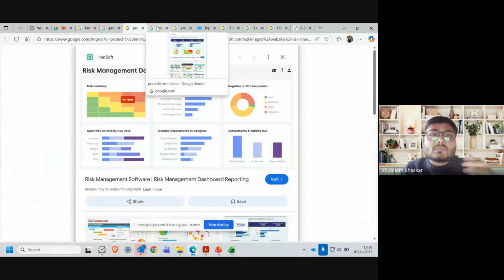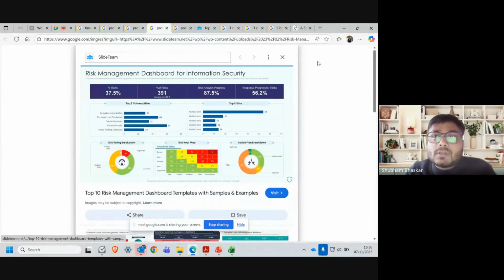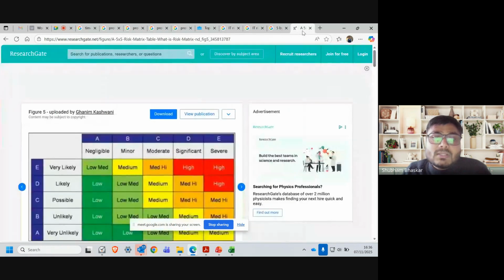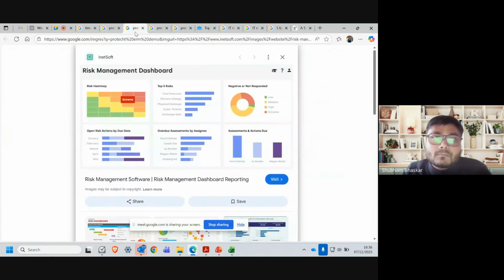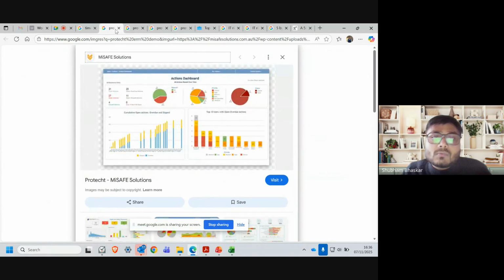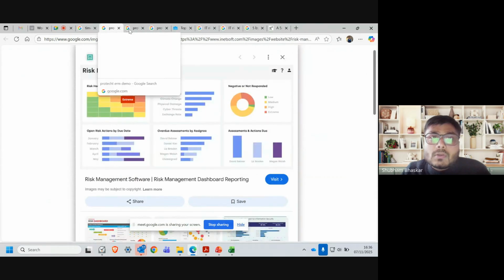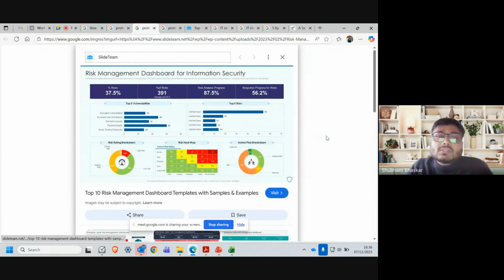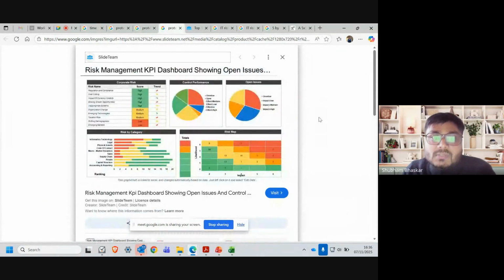So I'll just Google a view of the dashboard of the ERM software, right? So what this means is that, let's say that you are using, which is a good one, I can show you, not this one. Right, so this is one of the, no, not this one, right? So this is what will happen if you use an ERM software.